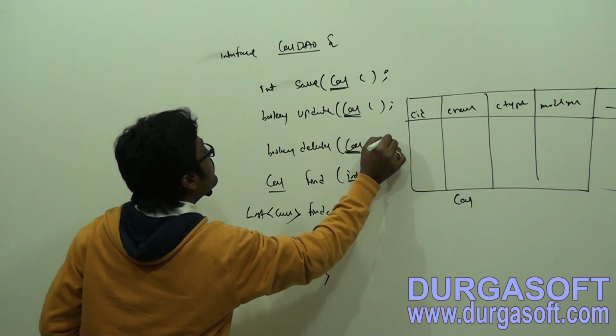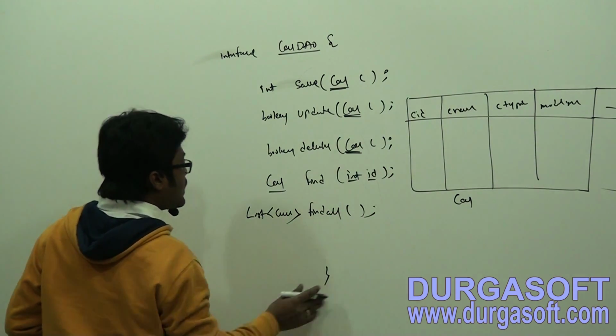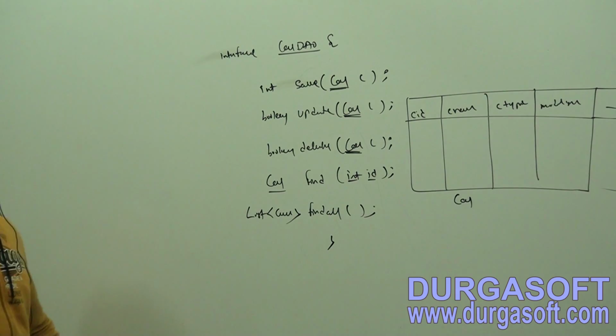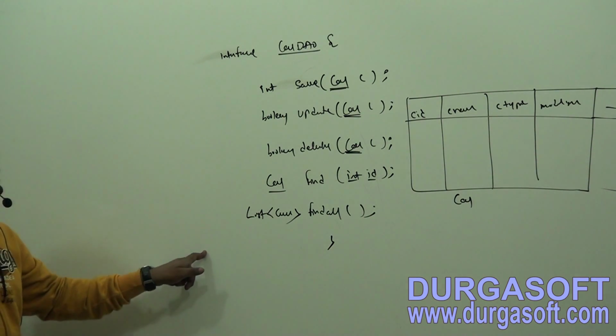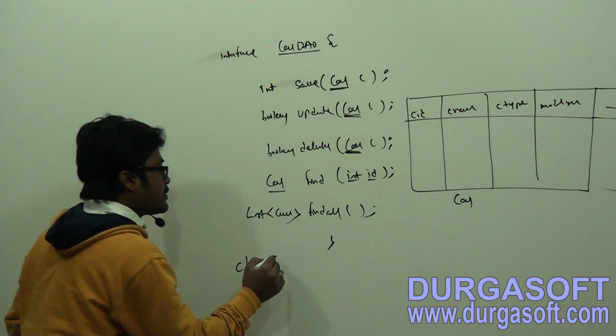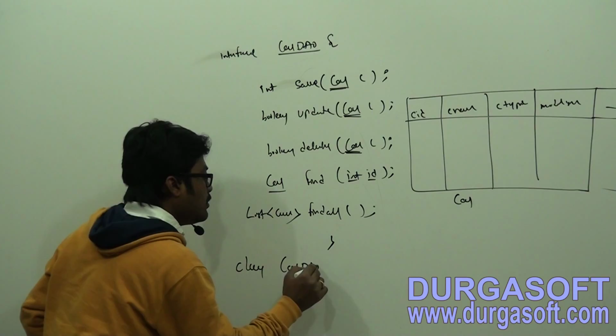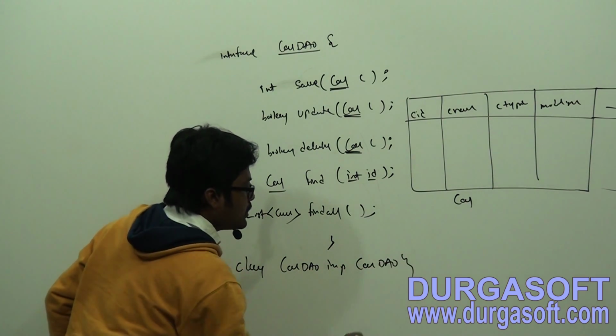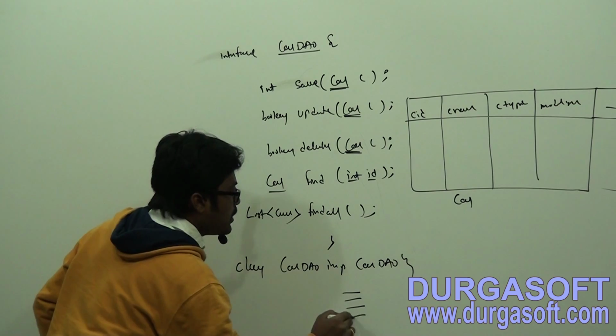All these methods should be abstract methods. So for each table you need to write one interface in the same way. And for these interfaces you need to provide implementations. Car DAO implements car DAO interface, and you should provide all the implementations here.